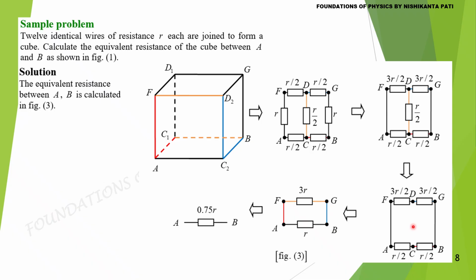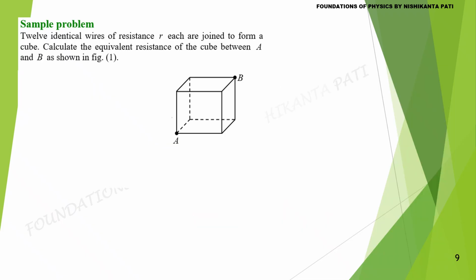Here no R by 2. Then these two in series. This is 3R. These two in series. This is R. These two are in parallel. So this is 0.75 R. Then we get the effective resistance between A and B.